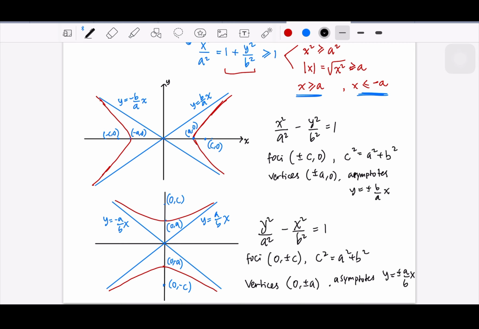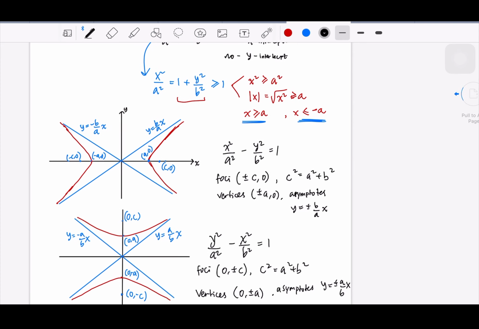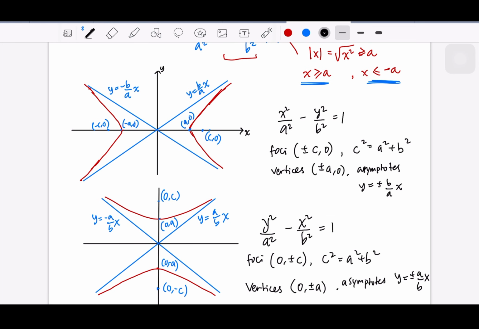Okay, I think we can move to some examples. So the idea is, if you have the questions, the first thing is you need to make sure which one is our hyperbola, the first one or the second one.